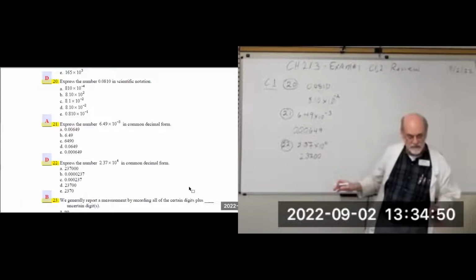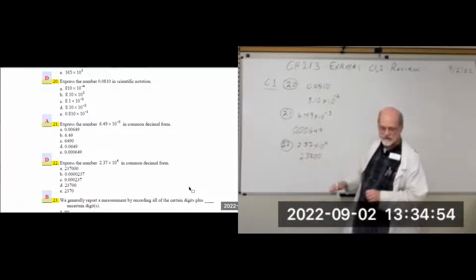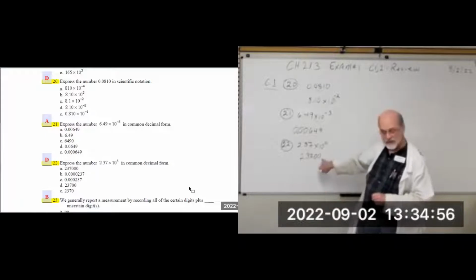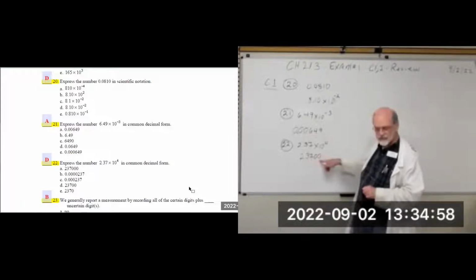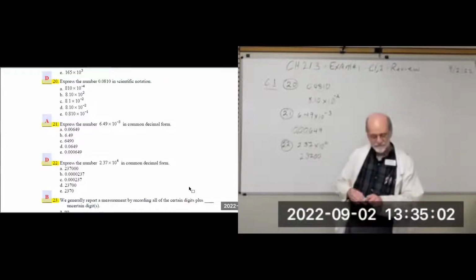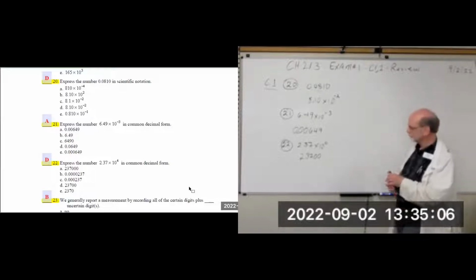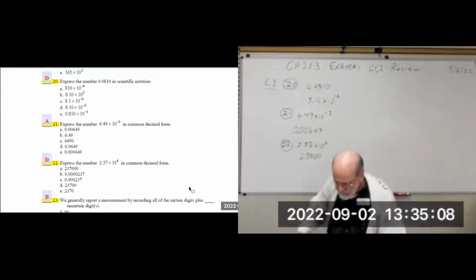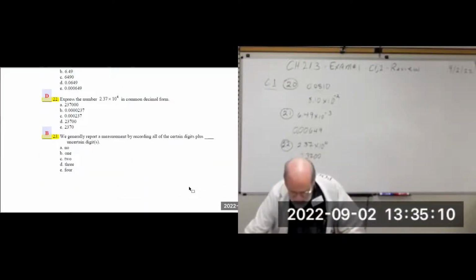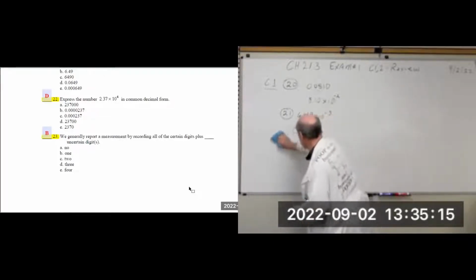No decimal point. Why? Because 3 significant figures. If we put a decimal here, we're claiming an extra 2 significant figures that we didn't have to start with. Okay. 22, 23. Yep, 23. Let's make some room here.